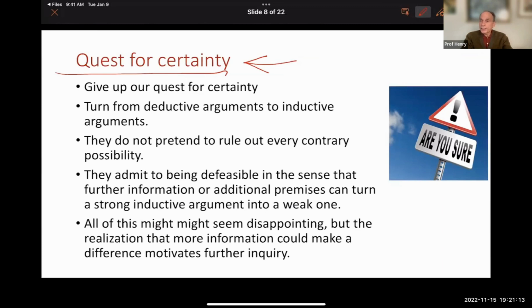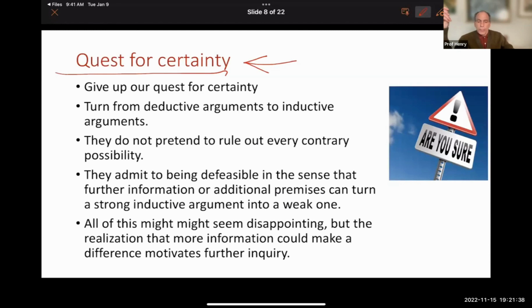No one questioned their premises, until the Enlightenment period, when people started to say, hey, how do I know that's true? And this is what we should be doing when we read the literature. We should start questioning the strength of the premises.